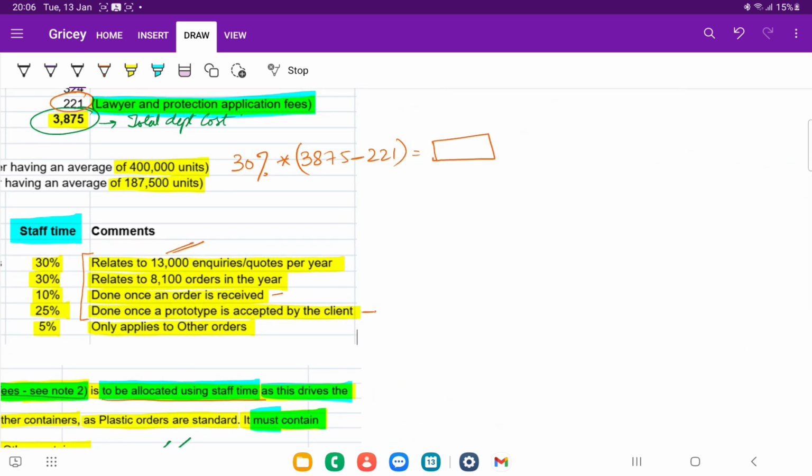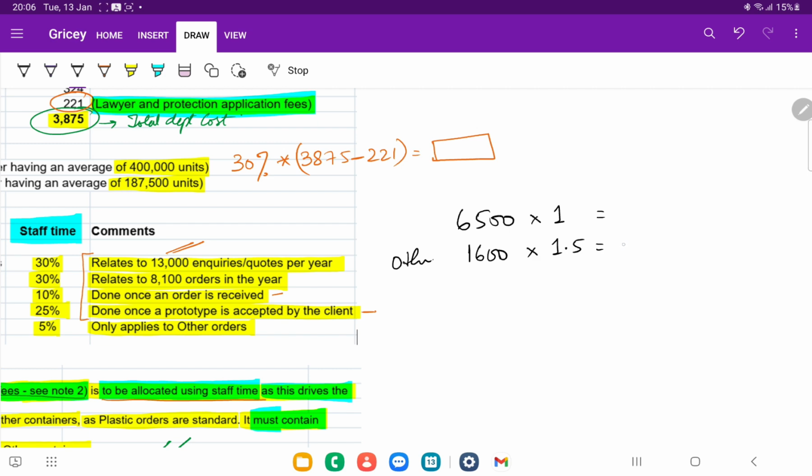You have to calculate the equivalency, which means that 6,500 plastic orders will be multiplied by 1, because they take 1 unit of time. But the 1,600 orders of other containers are expected to take 50% more time, so these are equivalent to 1,600 multiplied by 1.5.